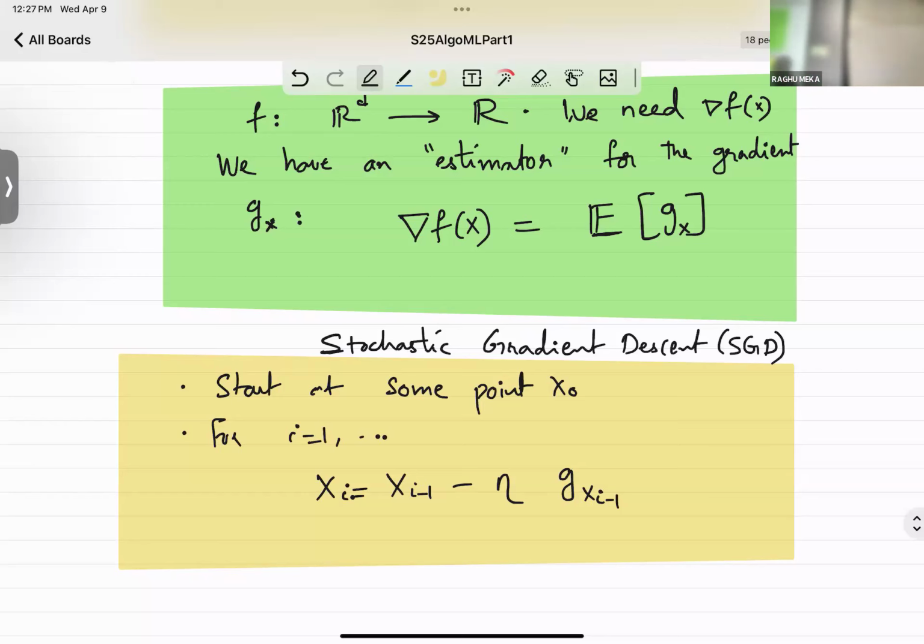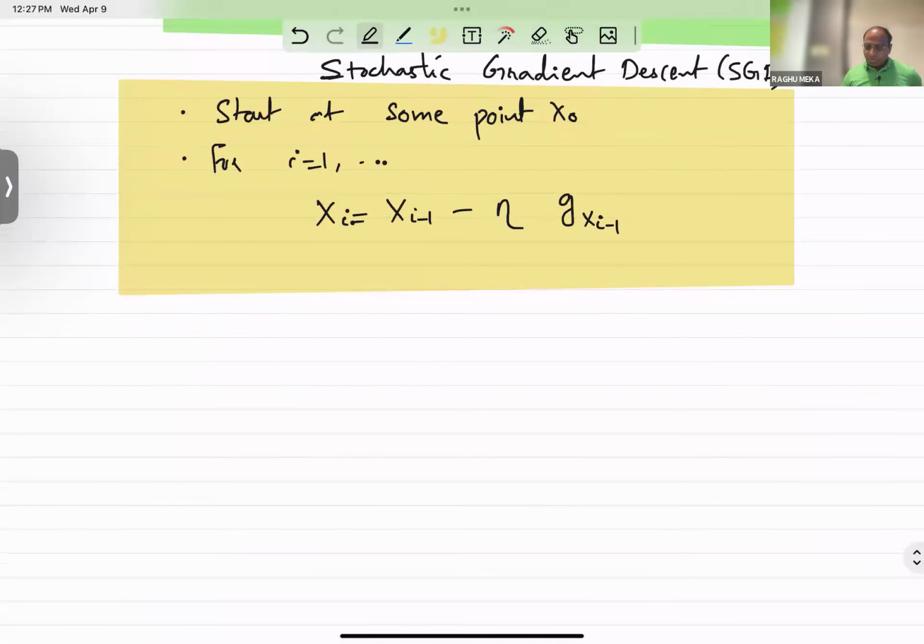So you have some step size, and we're just using our estimator for the gradient at that point instead of the gradient. That's the only change. All right. Okay. So before going on, we can of course get different kinds of estimators.